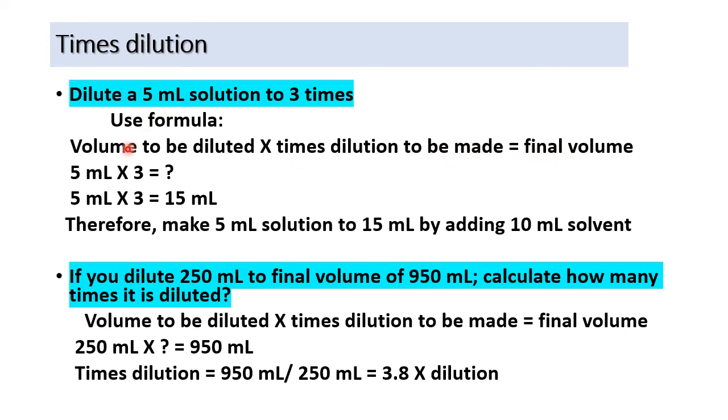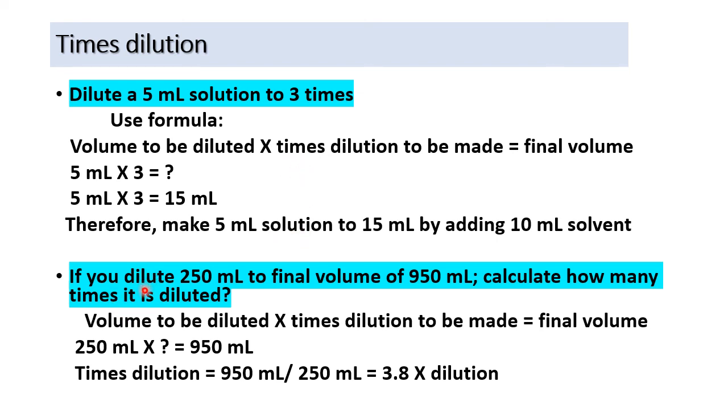In this example, you want to dilute a 5 ml solution 3 times. So what will be the final volume? It comes out to be 5 into 3 equals 15 ml. It means make the 5 ml solution up to 15 ml by adding 10 ml solvent. It will be diluted 3 times. Similarly, you can use this formula for any times of dilution you want to do.